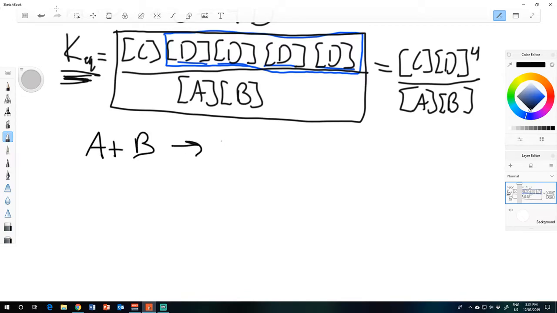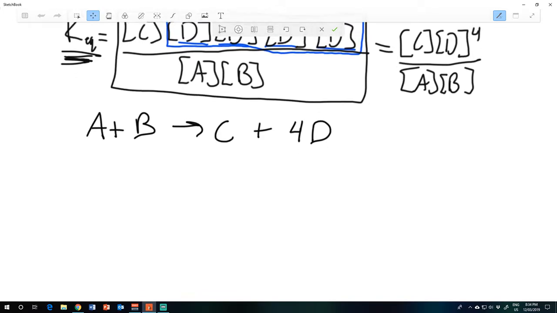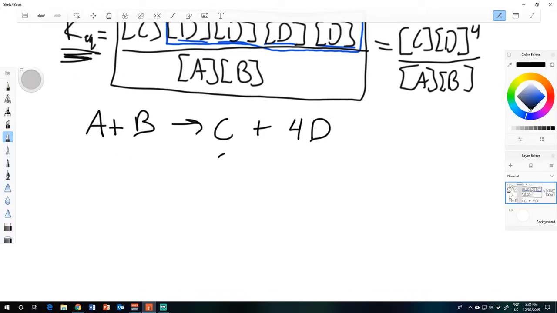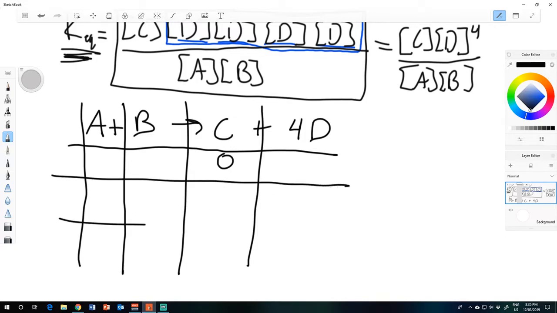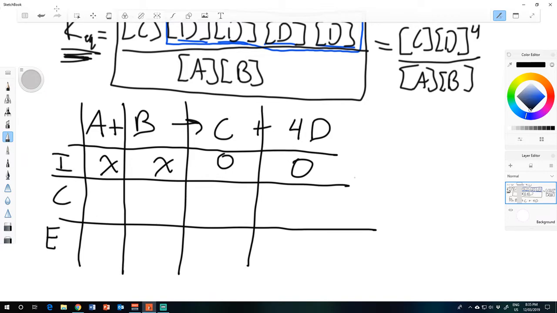If I had an ice table set up for something like this, most of you were able to figure out that whatever the equilibrium concentration was, so if I had, let me just set this up quickly, some amount of this, and none of this, most of you were able to understand that if my reaction goes forward, I'm going to lose some amount, I'm going to lose some amount, I'm going to gain some amount, and because I have 4 of these, I'm going to gain 4 times that.